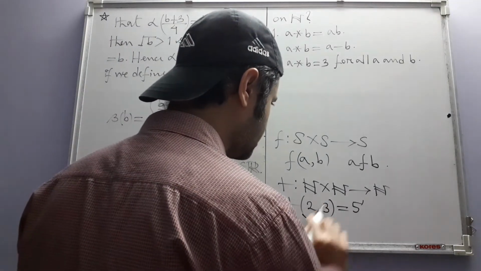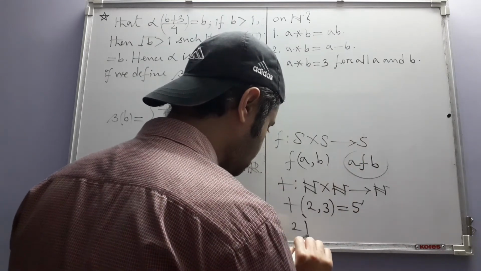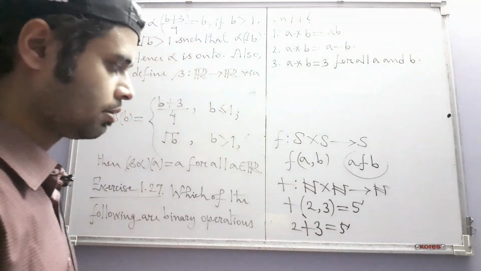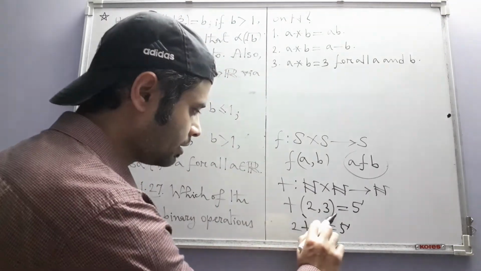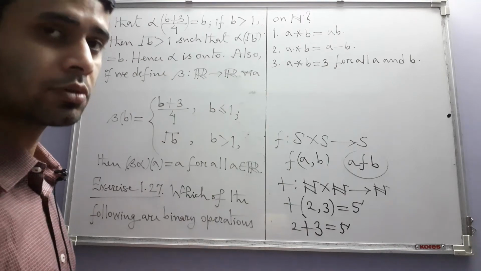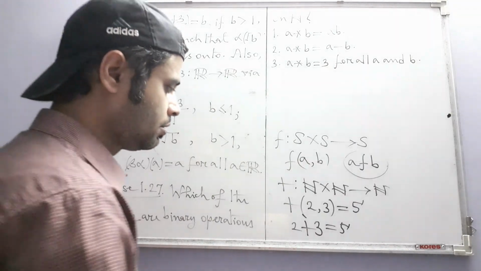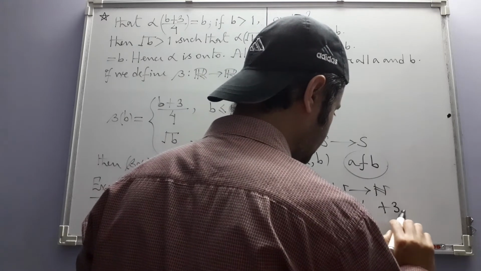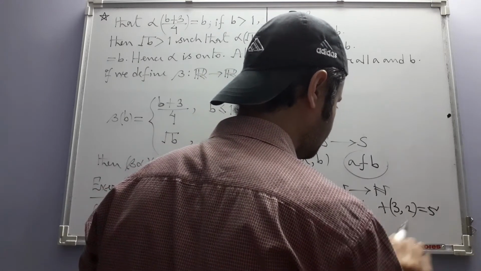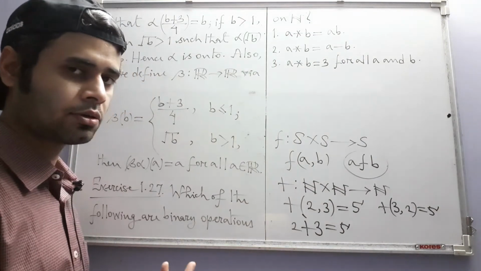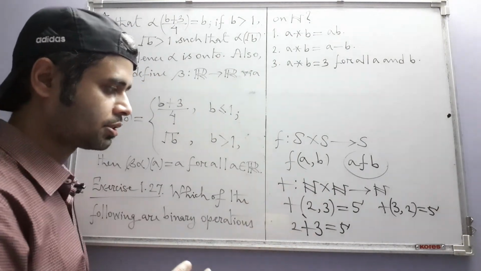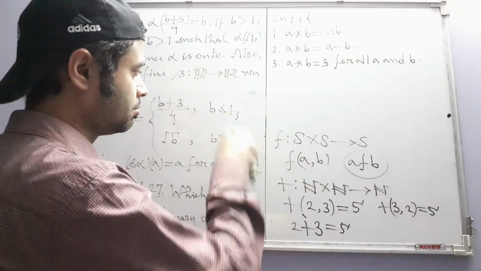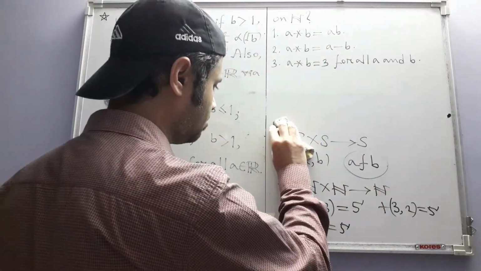Instead of writing like this, we write like this, that is 2 plus 3 equal to 5, because this looks less cumbersome than writing plus of (2, 3). The fact that plus of (3, 2) is also 5 is your usual commutativity, that the binary operation is commutative. Okay, so now here we have to see whether these given functions are binary operations.